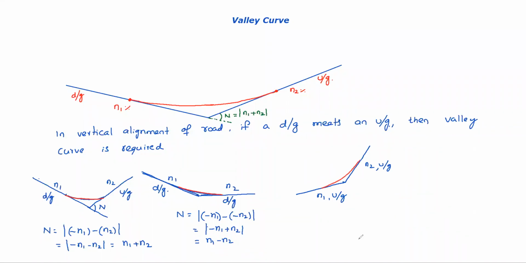That means here N equal to modulus of N1 upgradient means plus, minus again upgradient, so N2. Magnitude wise N2 is more than N1. Obviously it is N2 minus N1 is the deviation angle. So like this we can find deviation angle here.